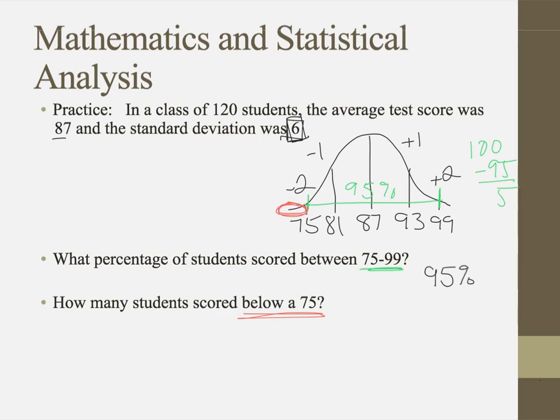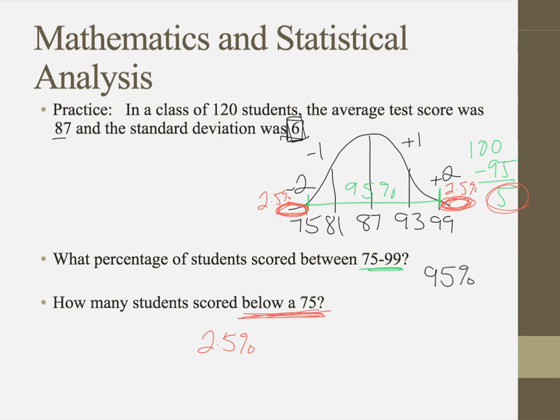Half of it is going to be down here and half of it is going to be up here, of this 5% that's left over. So that gives me 2.5% up here and 2.5% down there. So the answer to what percentage of students scored below a 75 would be 2.5%.